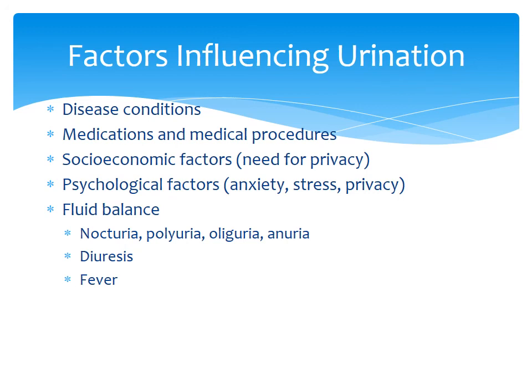Oliguria is a decreased urinary output in spite of adequate fluid intake. Anuria occurs when the kidneys produce no urine. And then there's diuresis, which is increased urine formation.